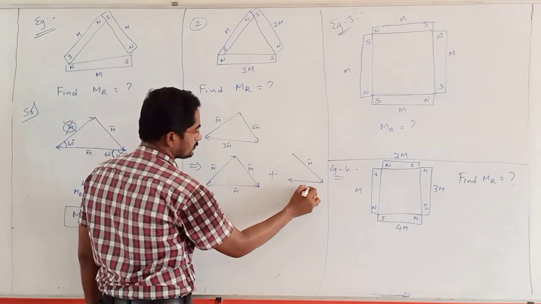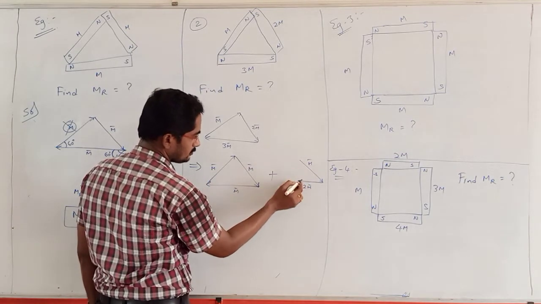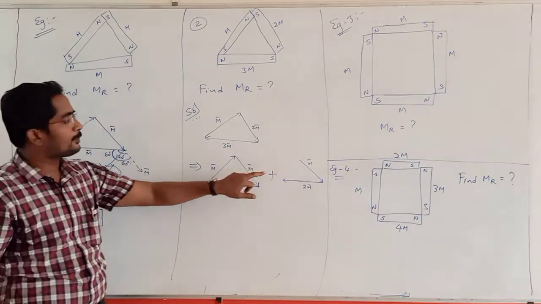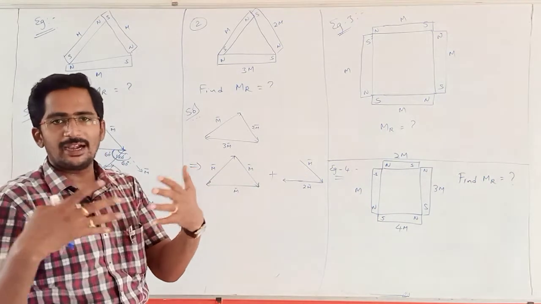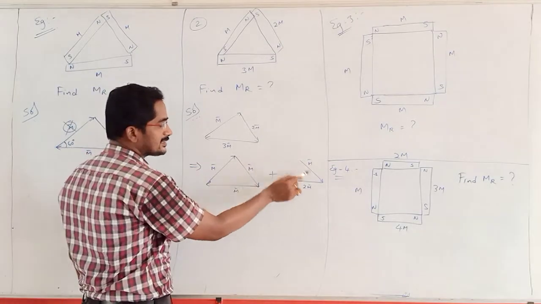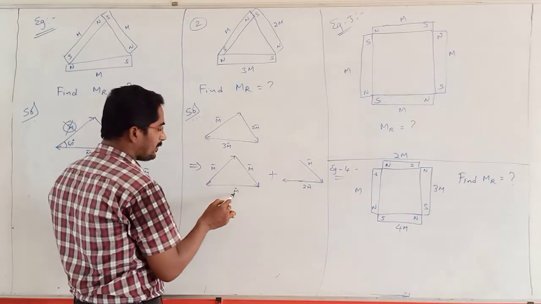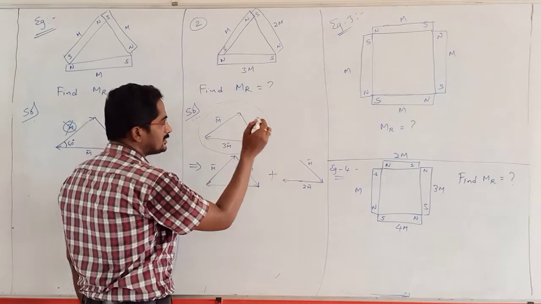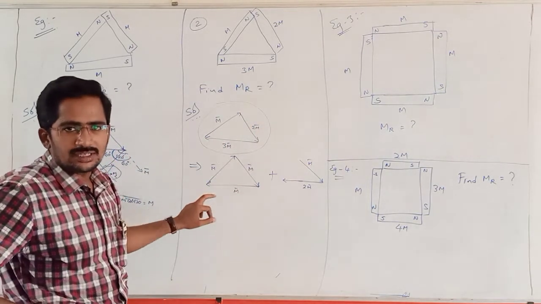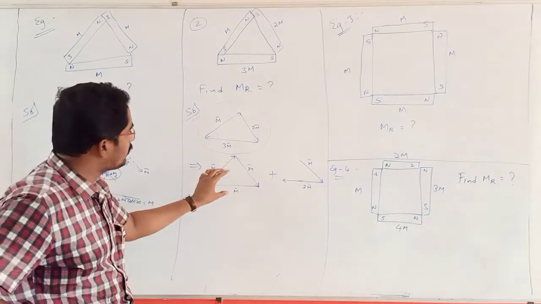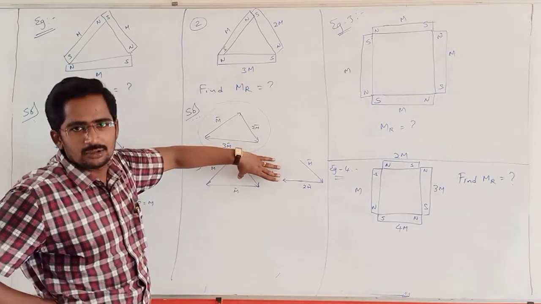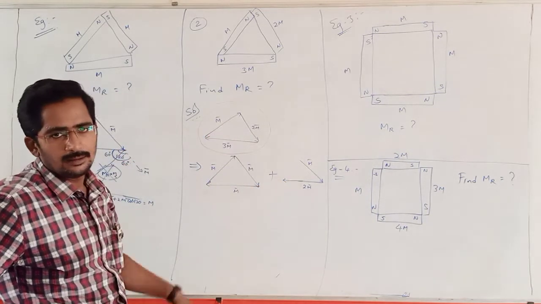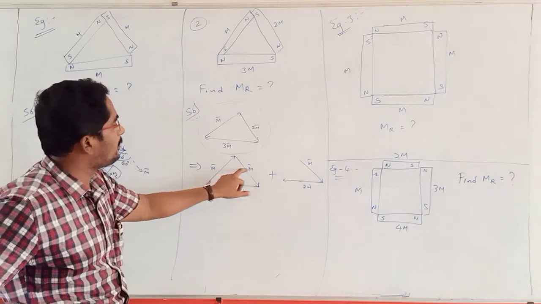It is the superposition of these two. Combine m bar plus m bar, 2m bar; 2m bar plus m bar, 3m bar, and m bar. So this diagram is equivalent to the sum of these two. If you add these two diagrams, you get the same diagram.